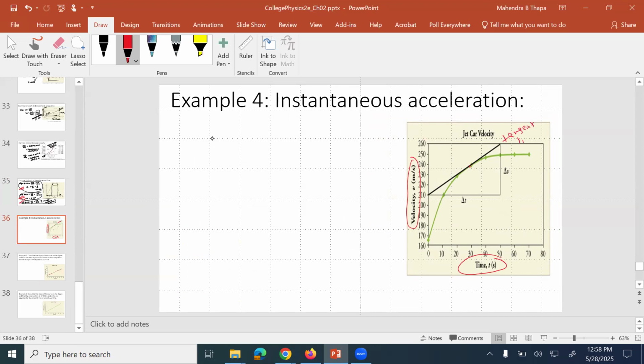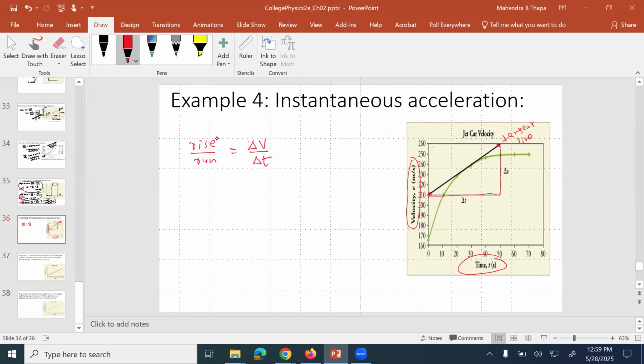Then, as before, you take 2 points on the tangent line. That gives you rise and run. So rise over run will be V2 minus V1 over T2 minus T1. In general, we can write delta V over delta T.